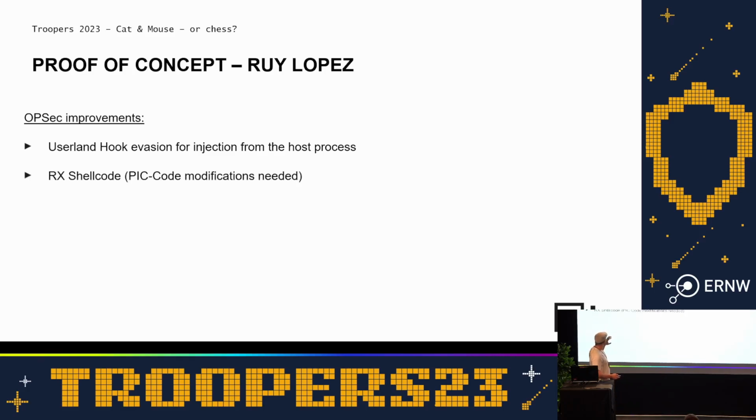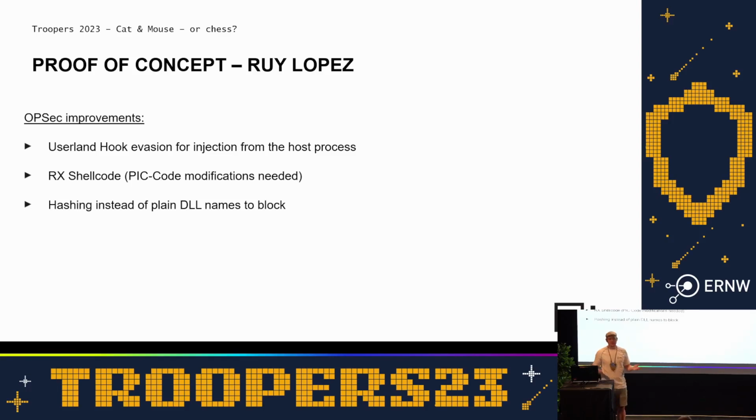Then you could, for example, modify the shellcode so that it can also be used in an RX region, read execute instead of RWX. But this needs some modifications. I put comments into the code so that you know what to change, what to modify to get there.